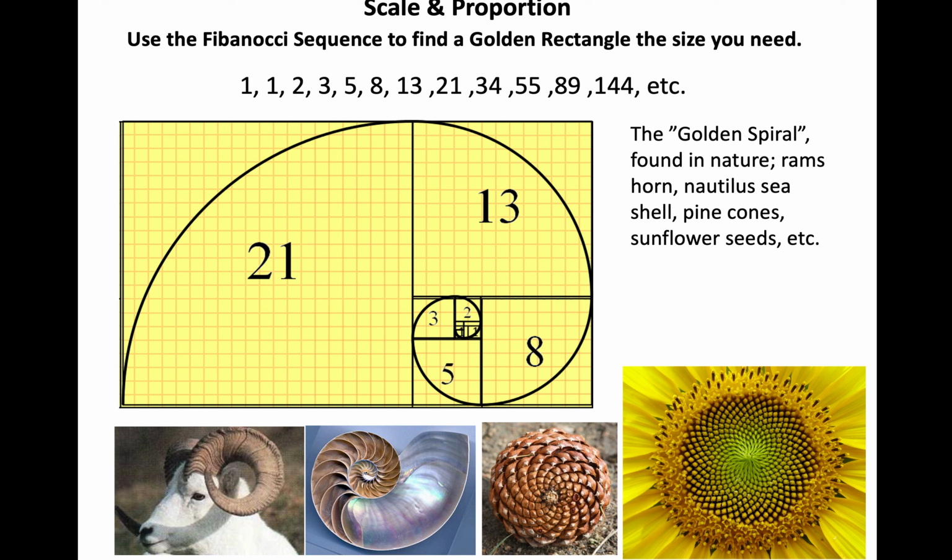But once you get to the 3 by 5 format, every two adjacent numbers are a golden rectangle. The largest one depicted here is 89 by 144. The next one would be 144 by whatever the sum of 144 and 89 is.